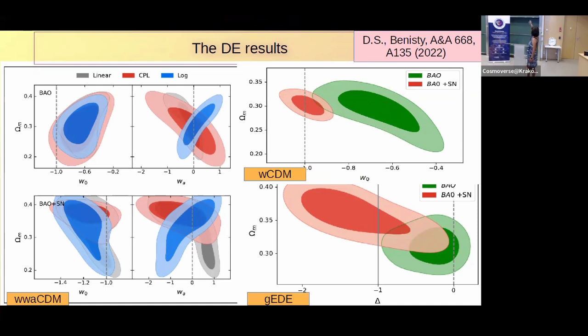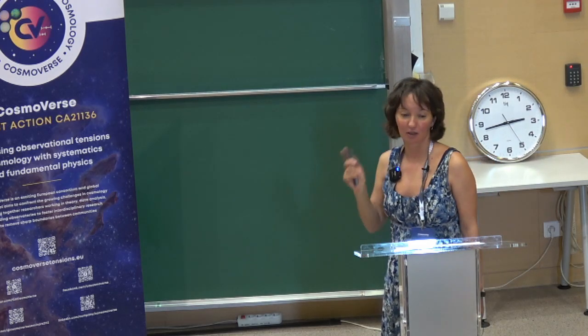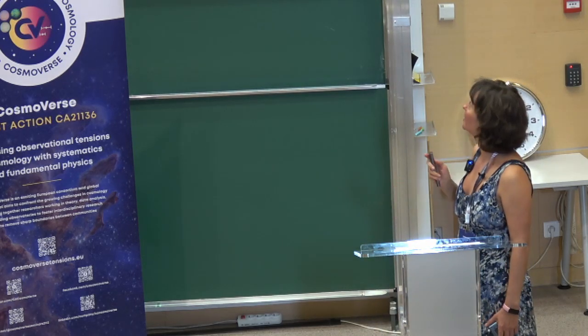With the BAO points, we basically recover lambda CDM, while when we add the supernovae dataset, we go to the left, and this is the PEDE model. So the interesting part is that instead of focusing strictly on lambda CDM, when we add the more precise dataset, we actually sit on the PEDE model, which will be seen again later.